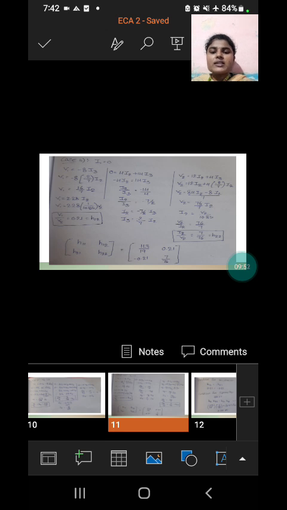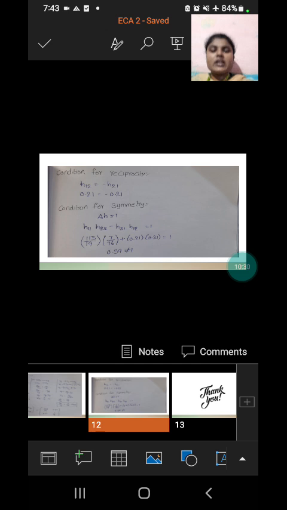Then v1 by v2 equals a decimal, and here we get 0.21, which equals h12. So H11 equals 113 by 19, H12 is 0.21, H21 is minus 0.21, and H22 is 7 by 76.